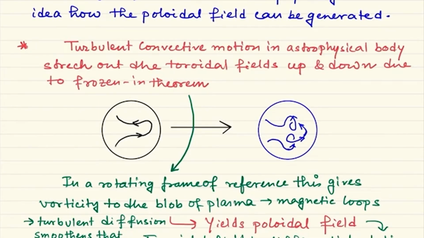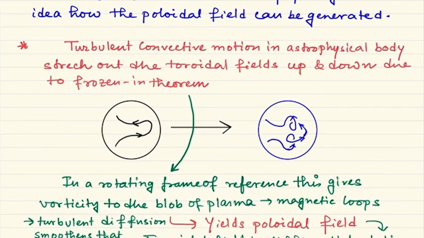According to his theory, the turbulent convective motion of the plasma in an astrophysical body stretches out the toroidal fields. Let's say the toroidal field was originally like this, perpendicular to the plane of the paper, so this is the azimuthal direction, just for example.